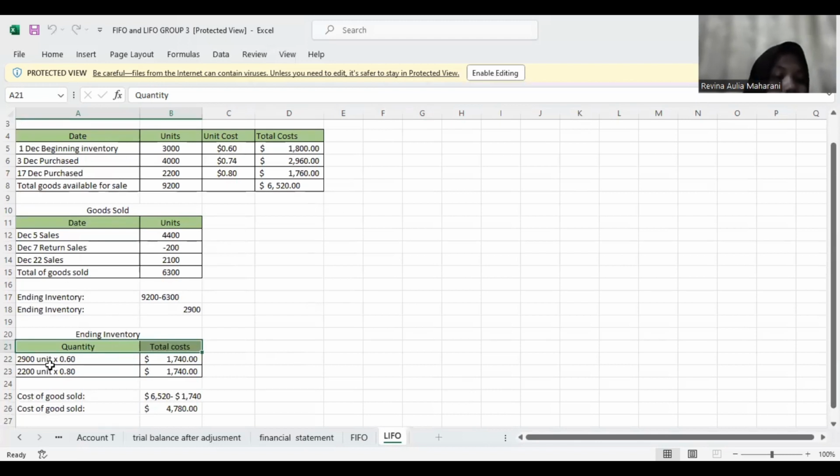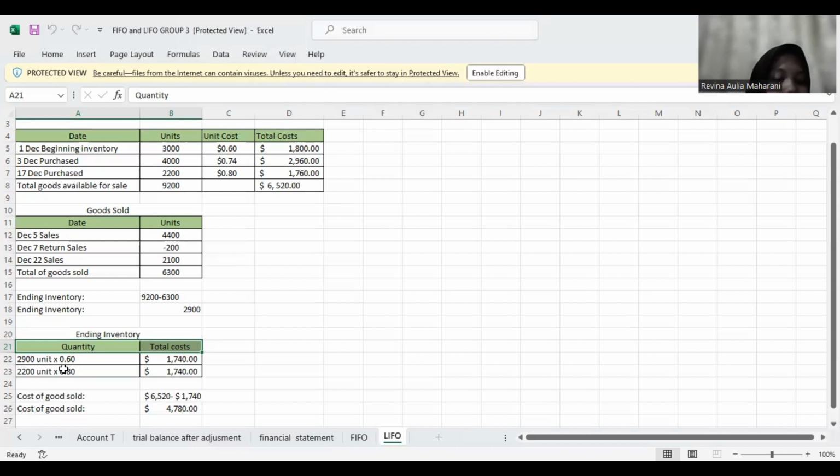Ending inventory in LIFO is 2,900 units.